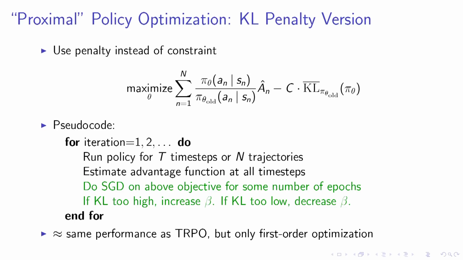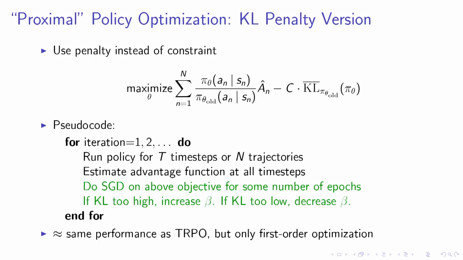That's an easy thing to do, but the problem is it's hard to choose this coefficient beta in a way that works well over the whole course of the optimization. So instead we can choose the KL divergence as our hyperparameter, and we adjust our penalty coefficient beta to try to make the constraint satisfied tightly.